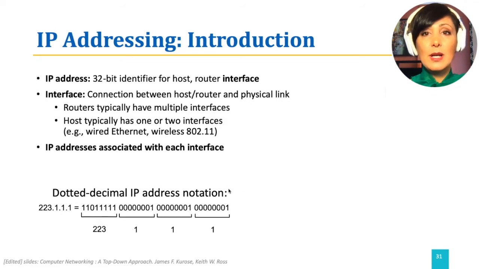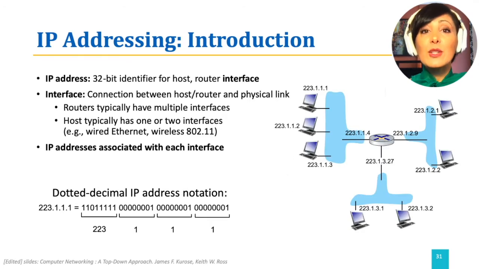For example, we will read the depicted IP address as 223.1.1.1. IP addresses are assigned to the interface connecting the endpoint to the network, and that endpoint would be identified uniquely in the network using the assigned IP address.